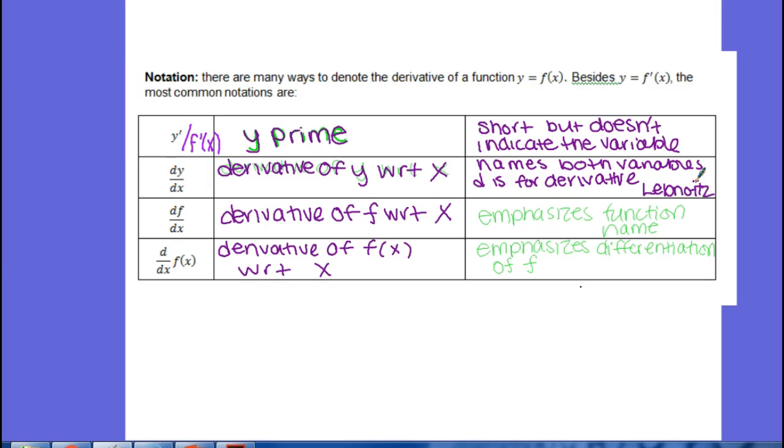If you have an equation like y equals x plus z, and you want the derivative of y with respect to z, that would be dy dz.